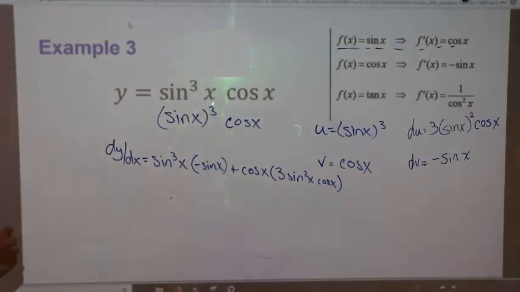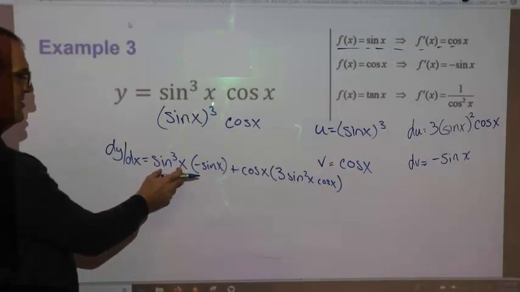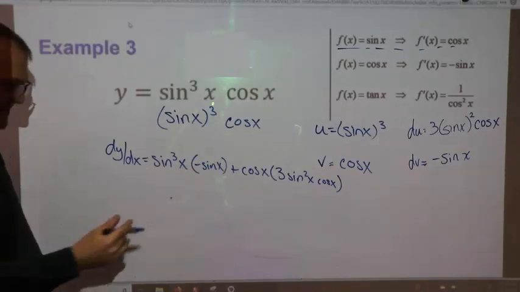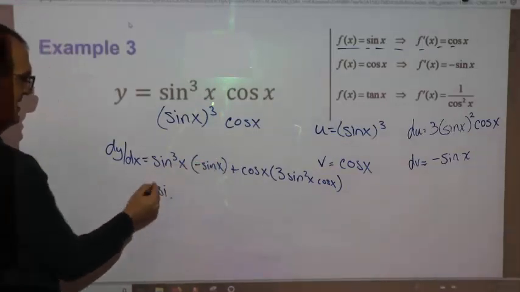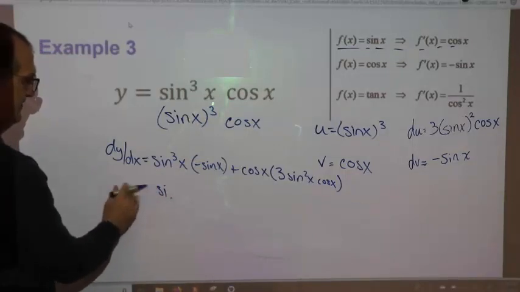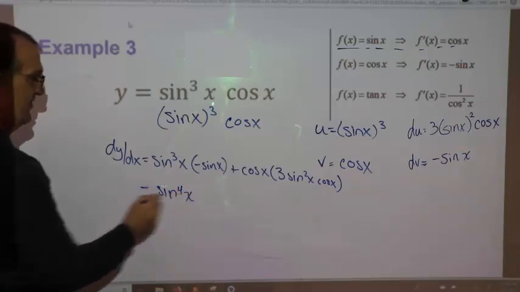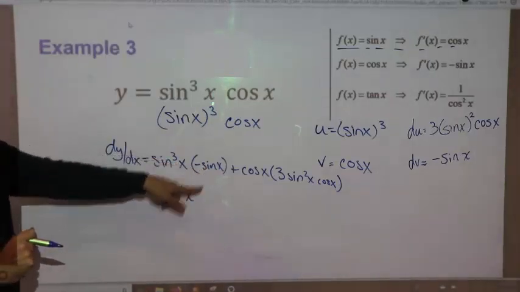Alright, now this, if you think about it, you have sine cubed times sine x. So this can simplify. It's really, first the negative sine to the 4th power, because we have sine to the 3rd power times another sine.